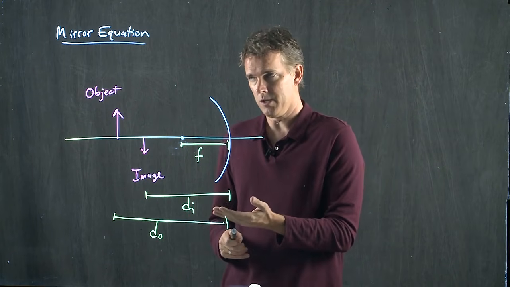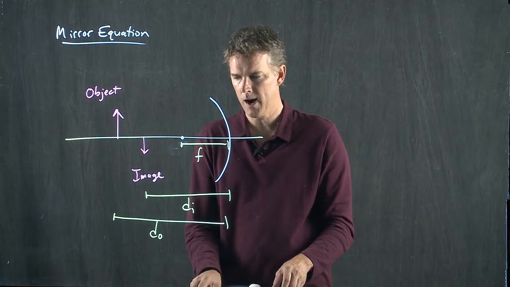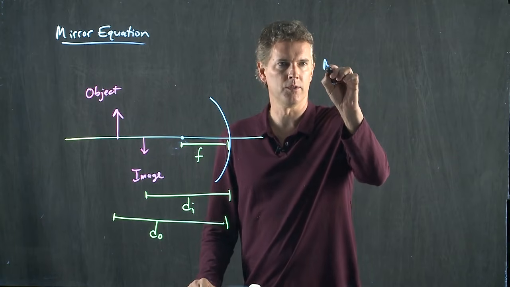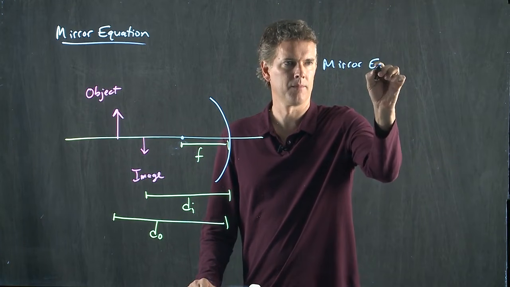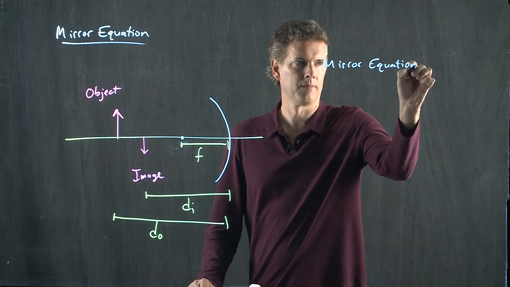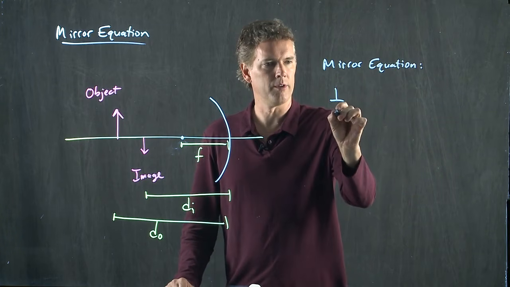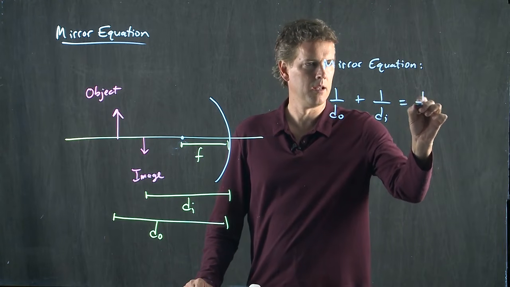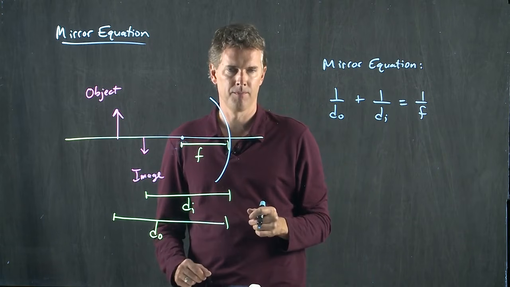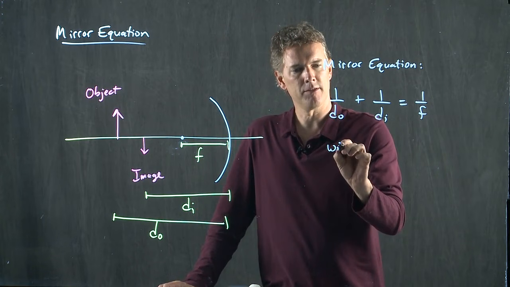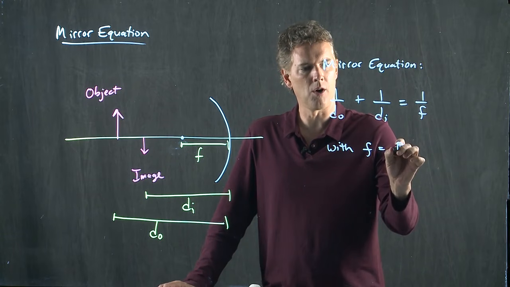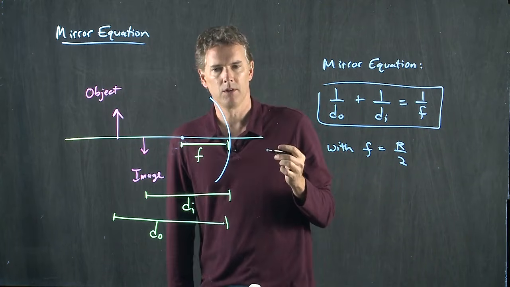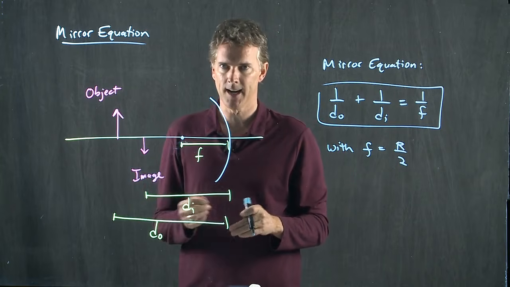So the mirror equation allows us to determine where that image is going to be located. And the mirror equation is the following. 1 over dO plus 1 over di equals 1 over f. And remember that f was equal to r over 2. This is going to help you determine where di is.